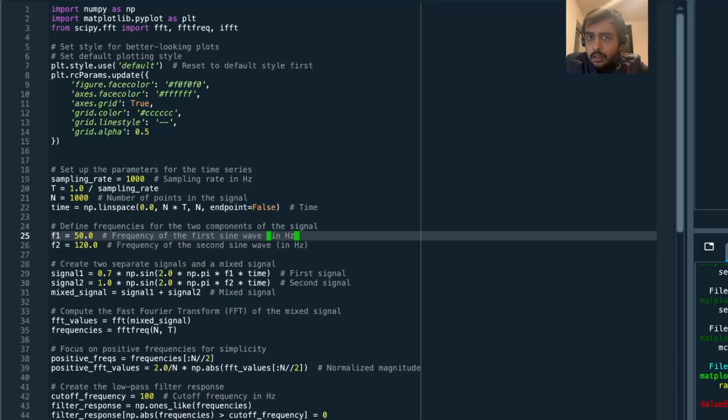As a part of this SciPy exercise, we will first generate two simple signals, which are sinusoidal waveforms of frequency f1 and f2. We will combine these two signals, a superposition, to get a mixed frequency signal.